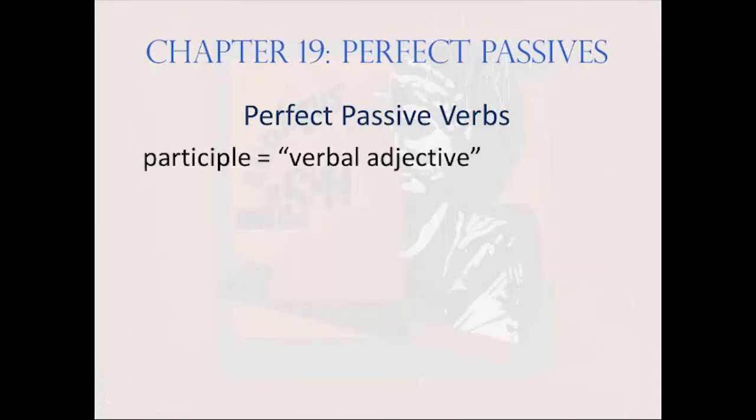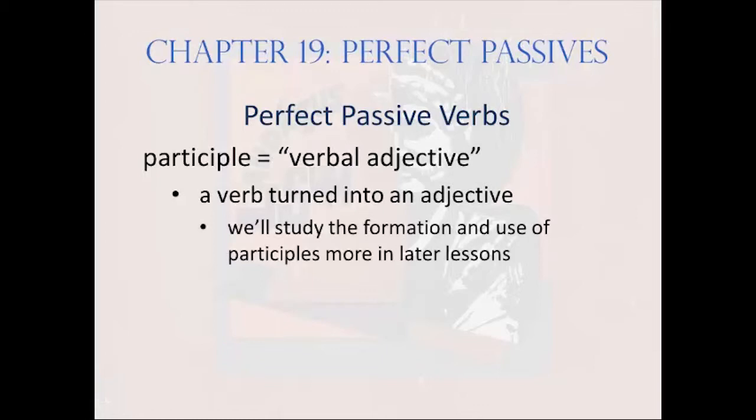The second thing worth noting about the perfect passive participle is its part of speech. It is at heart an adjective, a verbal adjective technically. In terms of its components, it's a verb base to which have been added adjective endings. We'll talk about participles more in a later chapter. Because participles are adjectives, they function the way adjectives do. Principally, they modify nouns.